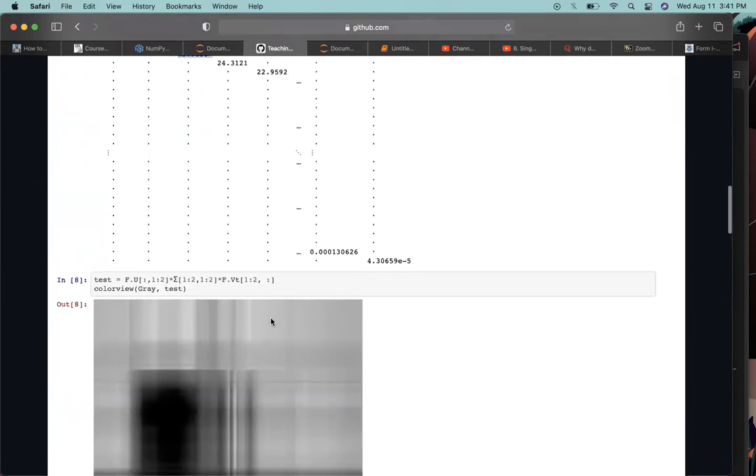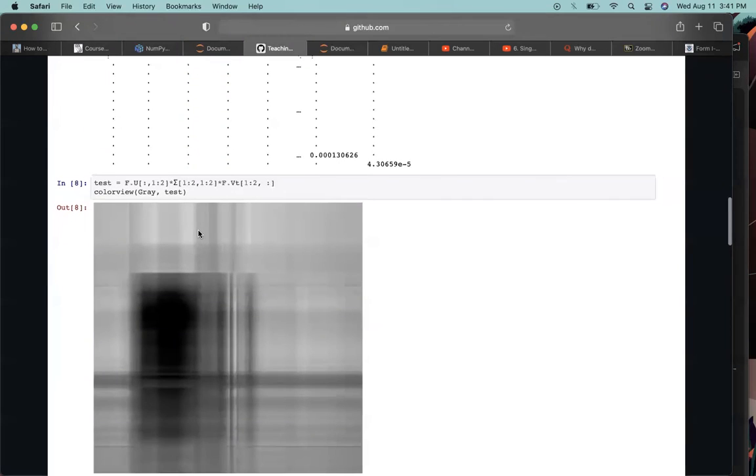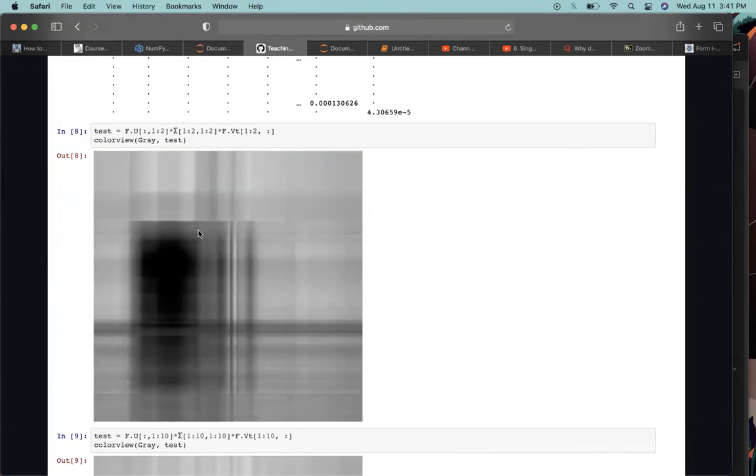So what's going on here? Well, this is what would be called a rank 2 approximation to the picture, to that matrix actually. Rank 2 meaning we have linearly independent U's and V's, and we take 2 of them, so the matrix that we result in will have rank 2.